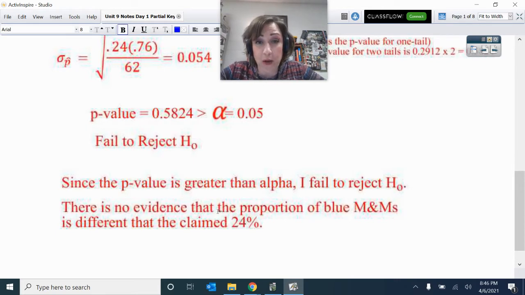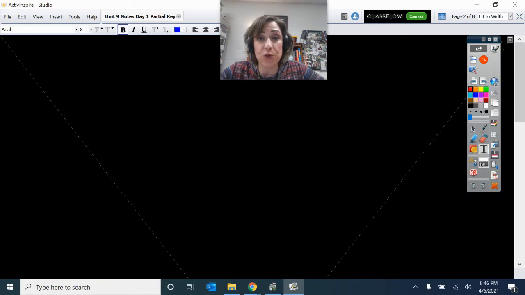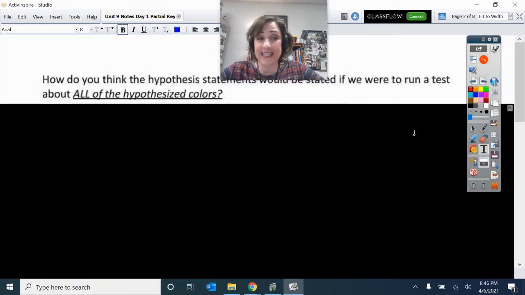Okay, but now we're going to see what happens if we want to do a collective test for all of the hypothesized colors at a time. So we're coming to this concept of not one proportion, not even two proportions, but multiple proportions.